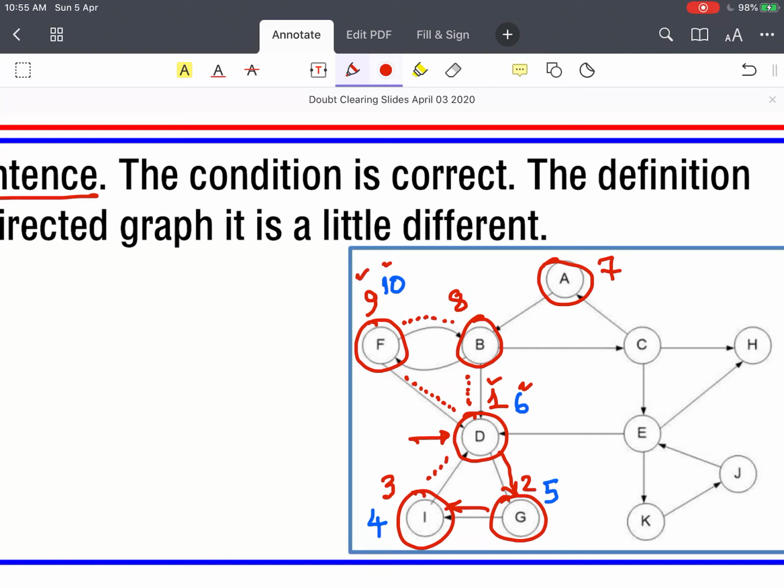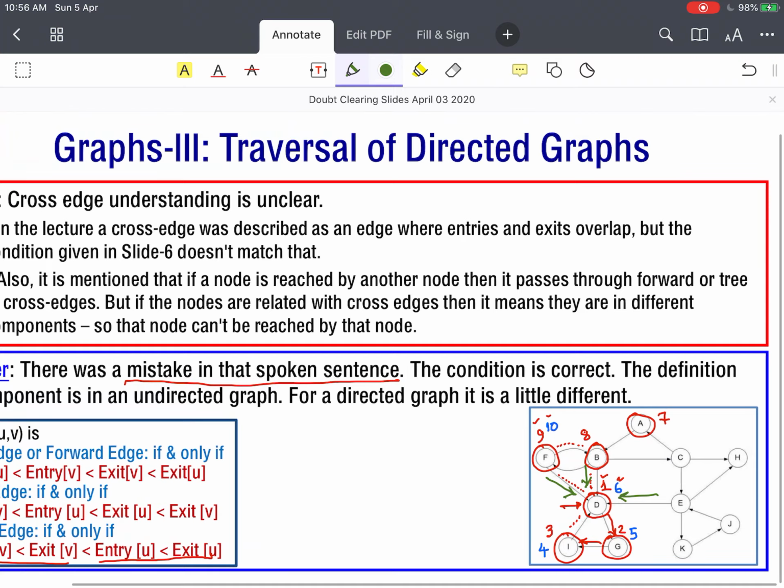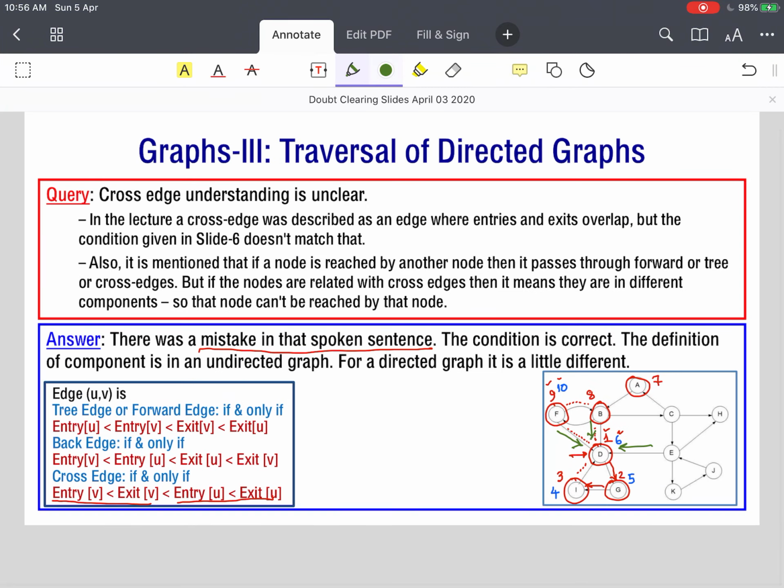Now you notice that for this node, its entry and exit are less than the entry and exit of this node. Therefore, this edge which we see here is a cross edge. Similarly, you will get this edge to be a cross edge. Similarly, you will get this edge to be a cross edge.